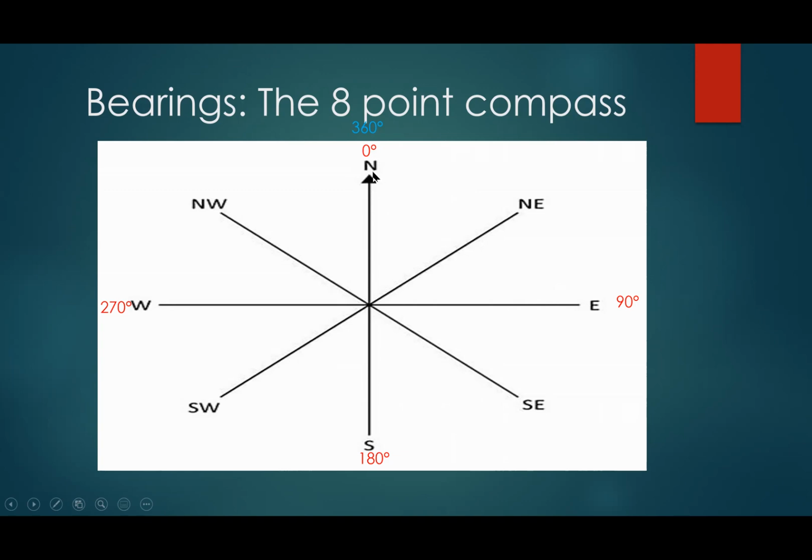If from north to east is 90 degrees, being a right angle, and we divide that in half, which is northeast, what degree or bearing is at northeast?